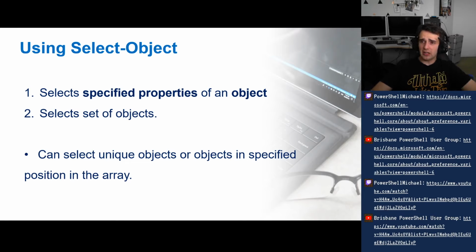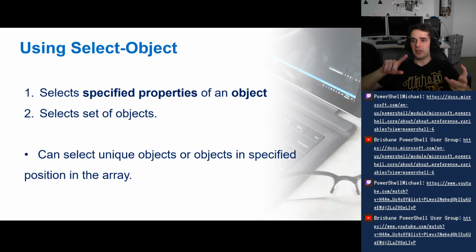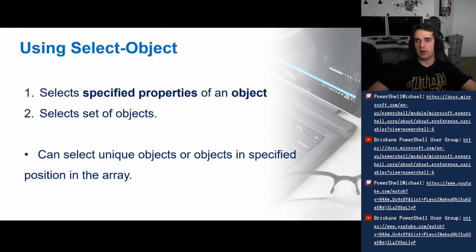Now, the one thing about Select-Object is that it does create a new object. That's the reason why Select-Object was in the object creation. It actually creates a new object. Essentially, it selects specified properties of an object, and it can select sets of objects. So you can say, I want the name, I want the ID, and then you can do filtering, like you want the unique, so you want to filter out all the duplicates.